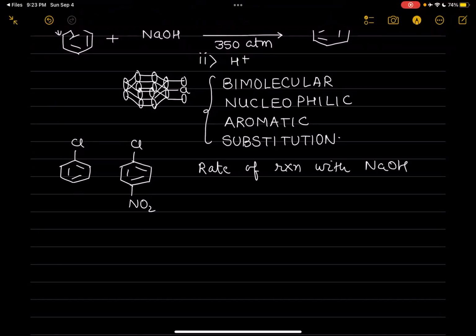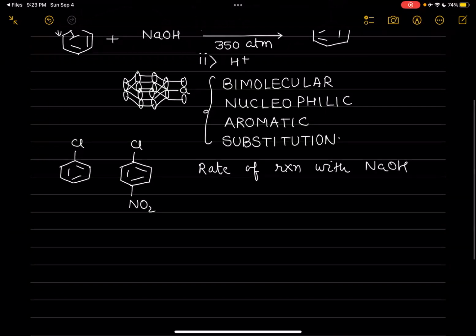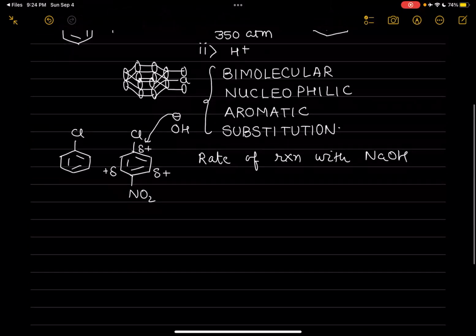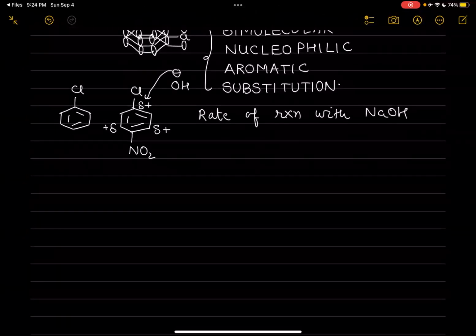Rate of reaction, yeah, NO2 makes it faster, because wherever the NO2 is, there will be a plus charge, and a plus charge will make the attack of OH minus very easy. So because of that, it can attack very quickly, and the rate becomes faster. Yeah, exactly. So the more NO2 you have, the faster the rate of this reaction, and the NO2 group needs to be at the ortho or para position, then only it will be helpful.